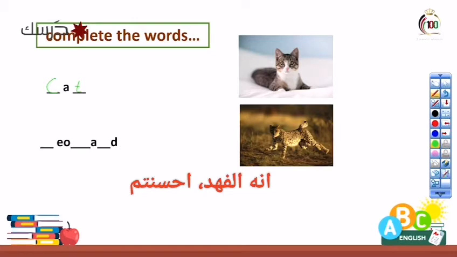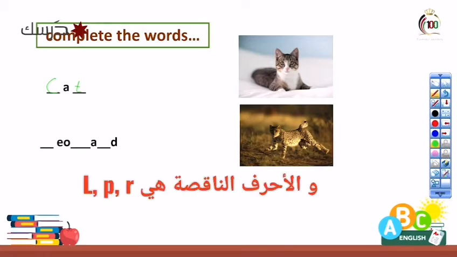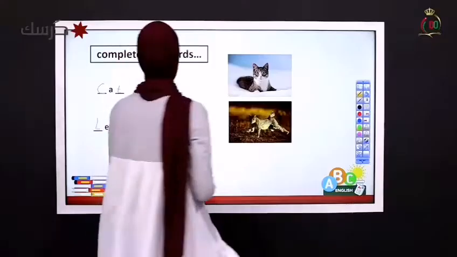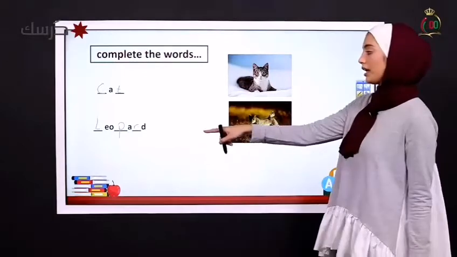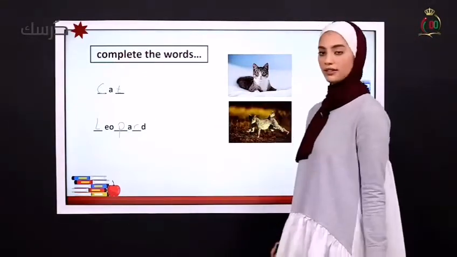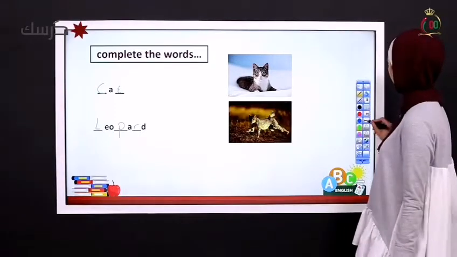Excellent job. And the missing letters are L, P, R. Leopard. Okay, so you need 3 letters L, P, R to form the animal name leopard. Okay, this is the picture.